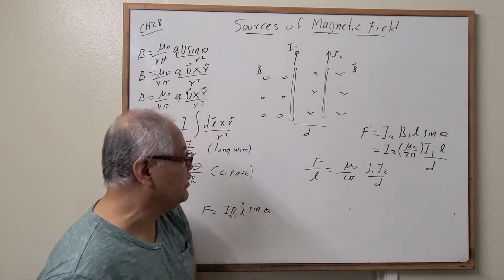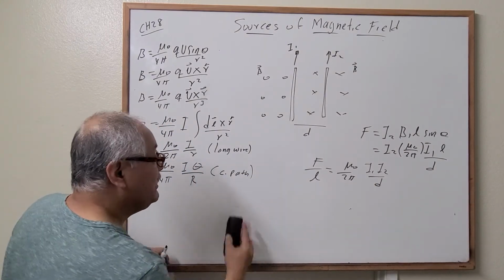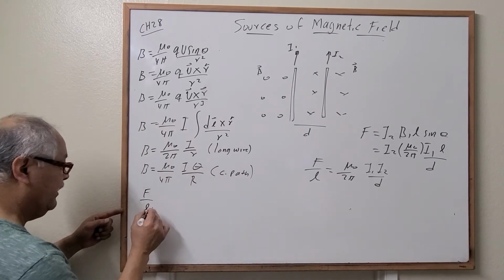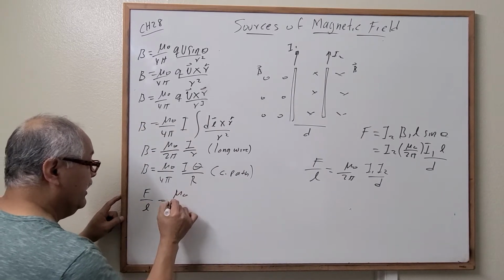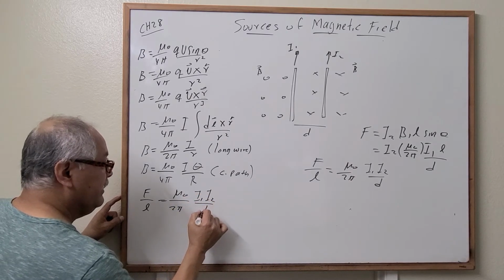Perfect. So the force per unit length is mu naught divided by 2 pi, current 1, current 2, divided by the distance.